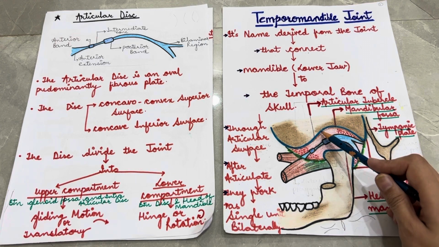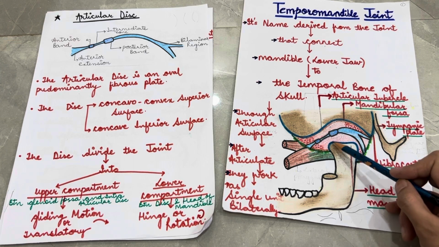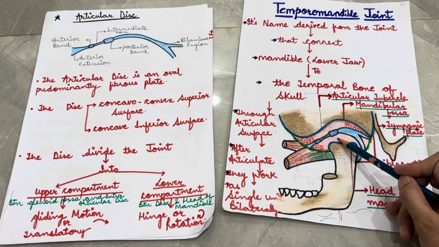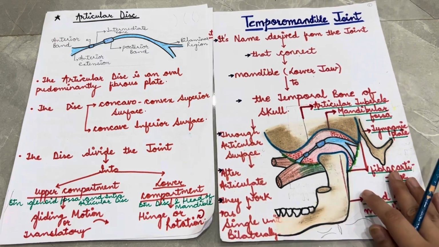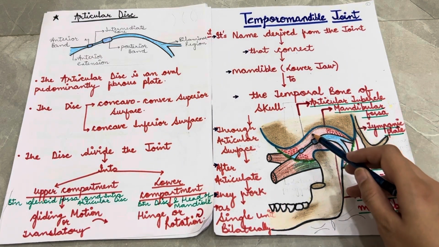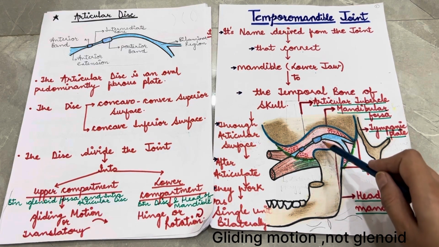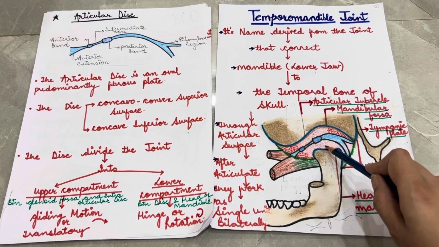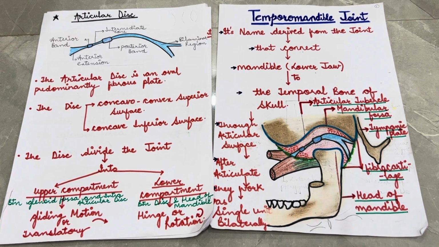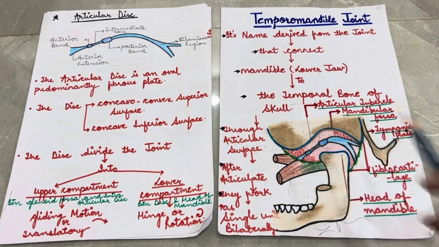The upper compartment mainly provides gliding or translatory motion, and the lower compartment provides hinge or rotation motion. This topic is really important, not only from this aspect but also from the prostho aspect. So learn thoroughly that the upper compartment provides gliding motion and the lower provides hinge or rotation motion. Hinge or rotation means it mainly rotates in the same position, whereas gliding or translatory gives more movement.